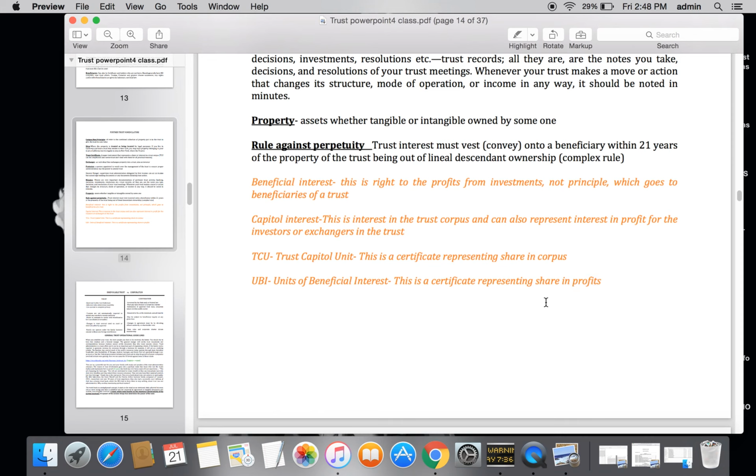So again, using our analogy of the $250,000, the profits would be only from that $50,000 segment that was made from investing the $250,000. So you invest $250,000, you make $50,000. The profit margin is $50,000. That is what beneficial interest will yield you. And that means that when you get a unit of beneficial interest, you only have a piece of that $50,000 pie.